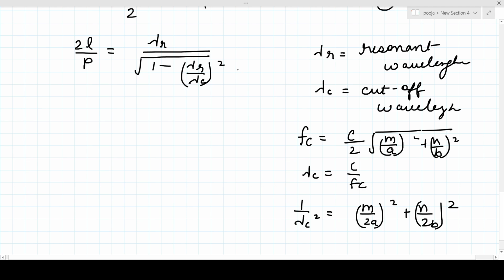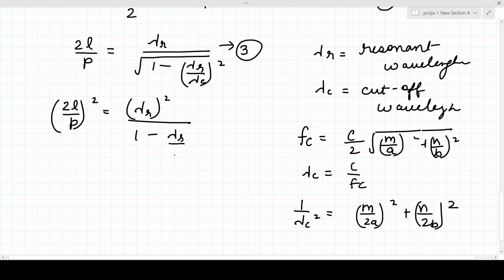Now move on to equation number 3. We are squaring this equation. It becomes 2L by p whole square equal to lambda r square divided by 1 minus lambda r by lambda c whole square.